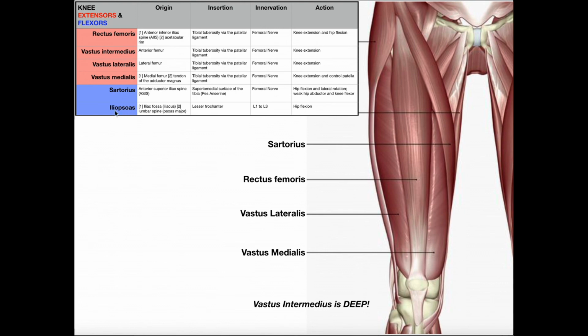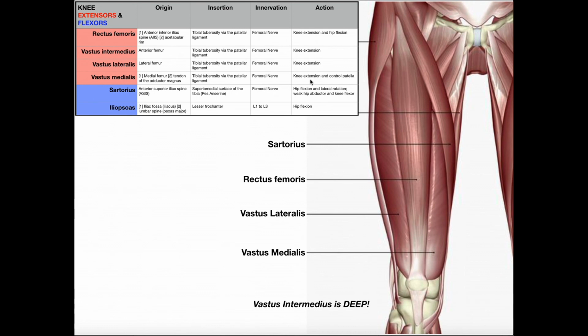So the iliopsoas right here are hip flexors. And remember, this is a muscle group. It's composed of the psoas major and the iliacus. But these are going to be synergistic with that part or that function of the rectus femoris. And so this is the only one of the four that's actually going to participate in hip flexion. But understand that all four of them are going to participate in knee extension.